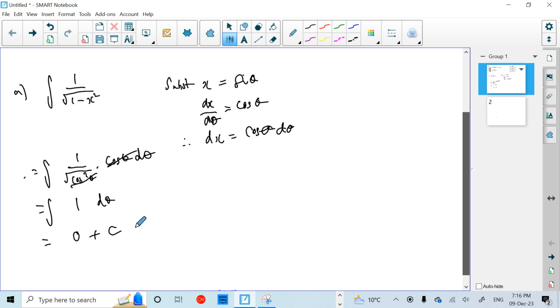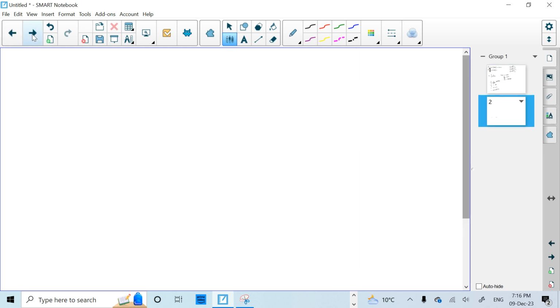Now if x is equal to sine theta, we take the inverse sine to make theta the subject, and if we do that we end up with the answer of arc sine x plus c, and that's the answer to A or B, whatever.